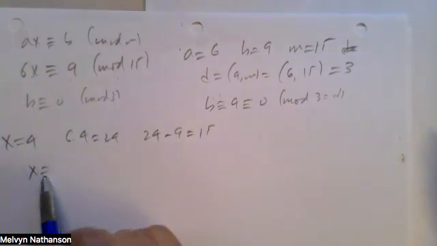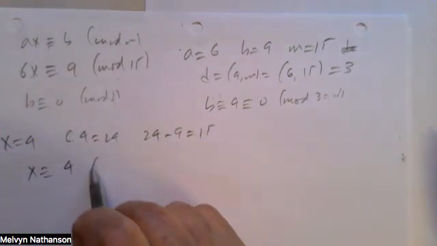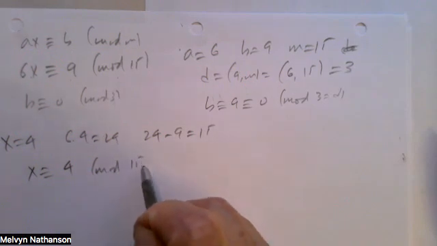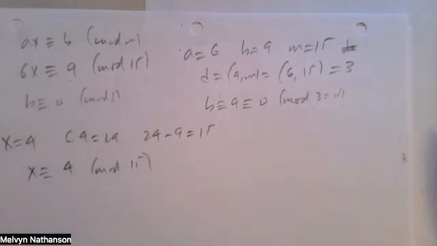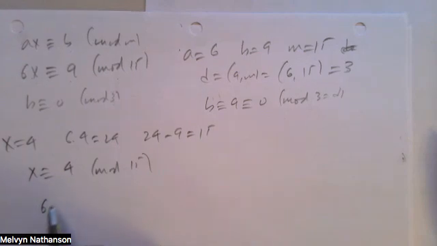So any x congruent to 4 mod 15 is a solution. So in fact, we can say the following. 6 times 4, so x is congruent to 4.